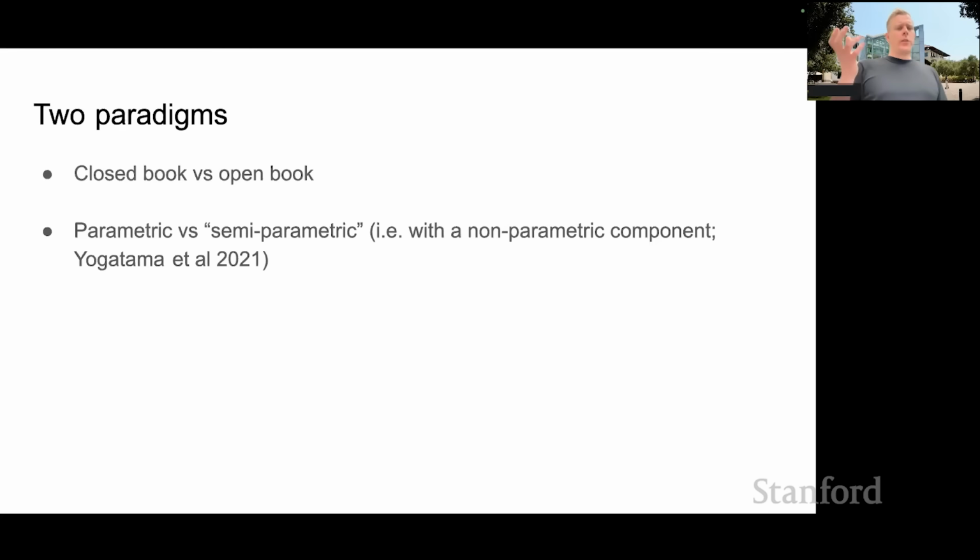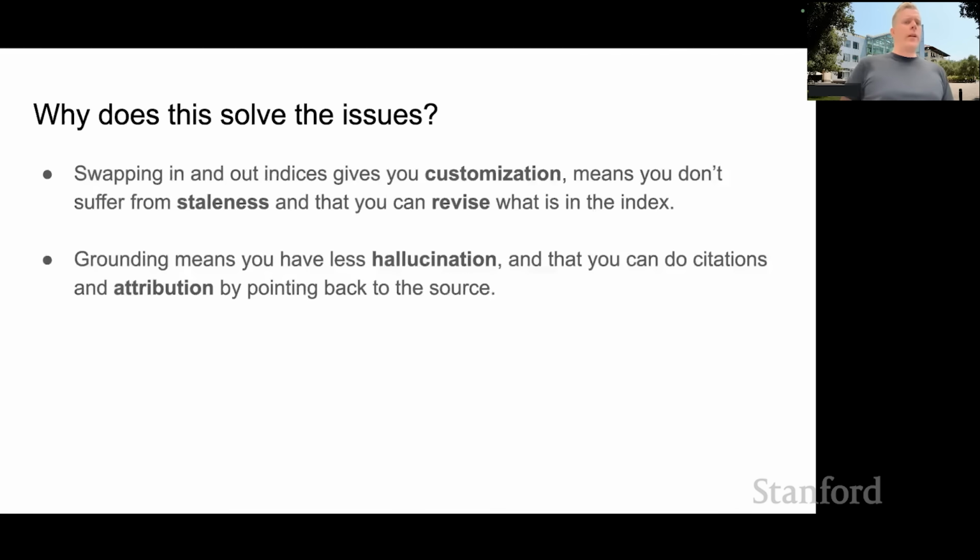So the other useful distinction here is that cramming everything into your parameters, that's the parametric approach, right? So what we're doing with RAG is we're adding this non-parametric retrieval component. So you might call this semi-parametric if you want to give this a name. All right, so why does that actually solve these issues?